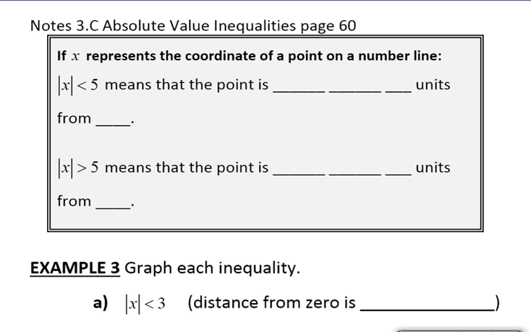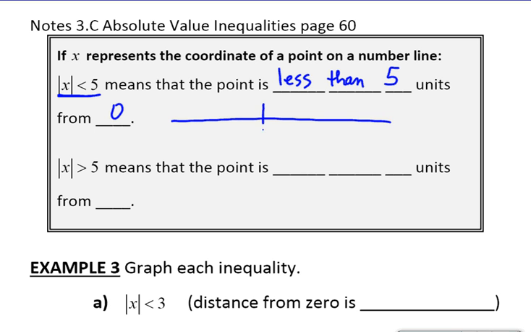If we say that the absolute value of x is less than 5, what that means is that, because absolute value is distance, that point's distance is less than 5 units from 0. So if I were to draw a number line, I have 0, 1, 2, 3, 4, 5, 1, 2, 3, 4, 5.